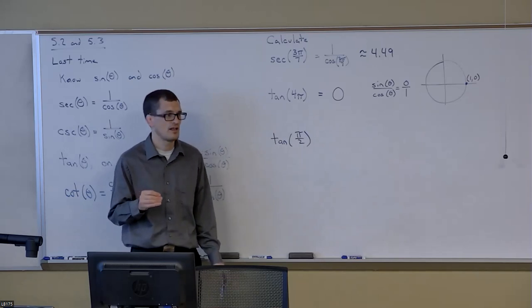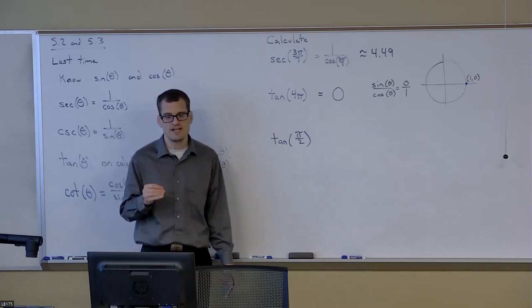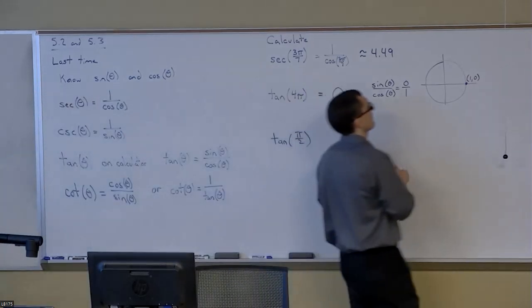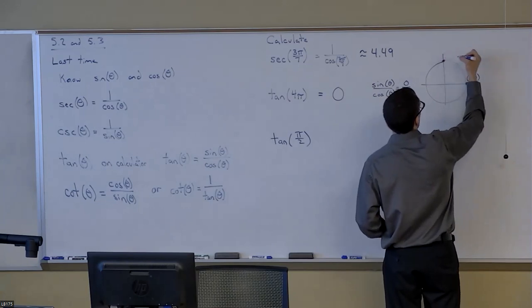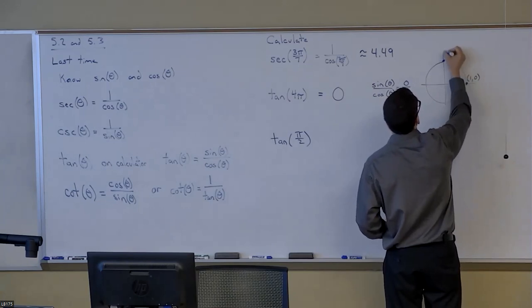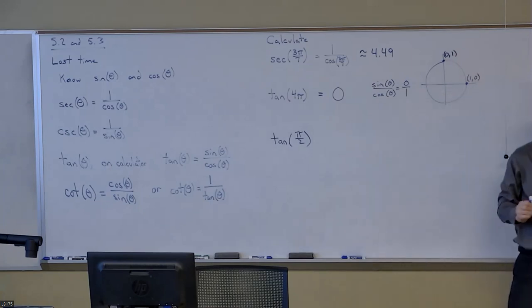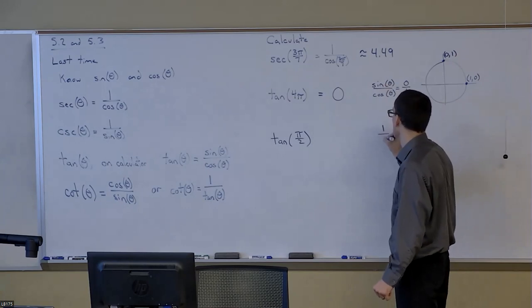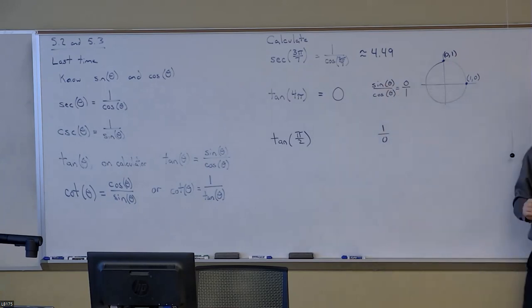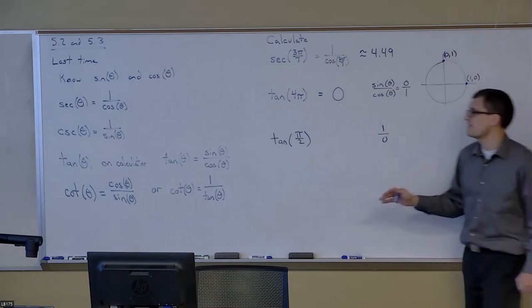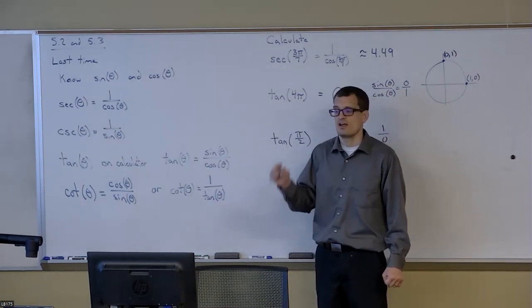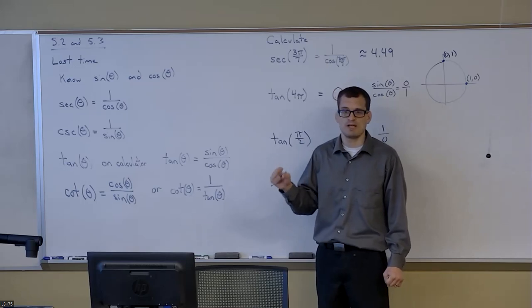All right? You should end up with a domain error because pi over 2, we're at the point up here, 0, 1 on the unit circle. And so fraction-wise, sine over cosine, we're dividing by 0 there. Okay? So if you happen to have a denominator of 0 in any of these things, then on your calculator, it's going to show up as a domain error.